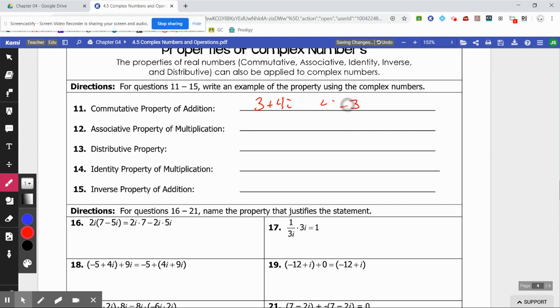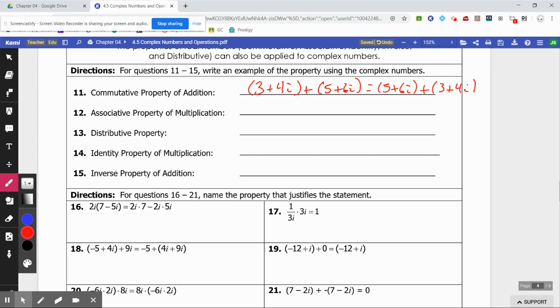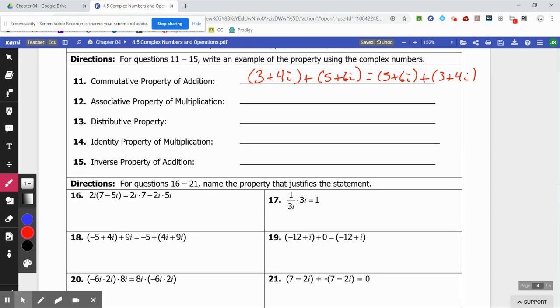Or you could even say if you added 3 plus 4i plus 5 plus 6i, that's the same thing as adding 5 plus 6i, and you can check this, plus 3 plus 4i. That's your commutative property. The associative property says that you can group them in any way that you want to. And this is the associative property of multiplication. So you can mix some pure reals and pure imaginaries.